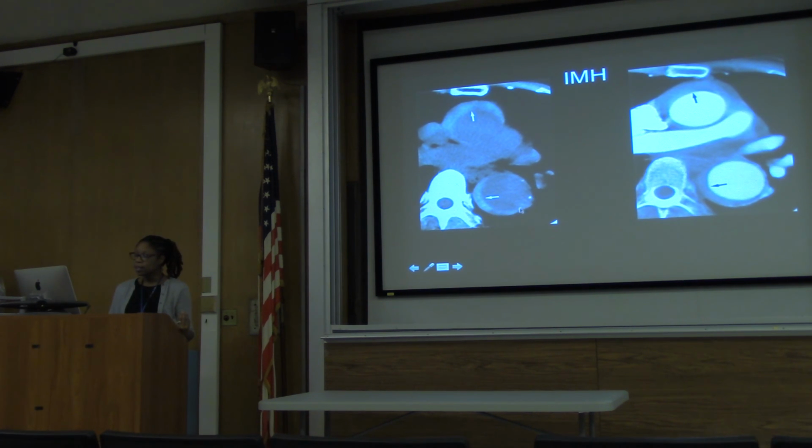It's bright attenuation in the wall of the aorta. If you just did the contrast study, though, you would completely miss that, and you may be tempted to call this an aneurysm with intramural thrombus. But this is actually an intramural hematoma that has to be managed surgically and quite urgently or even emergently as well.